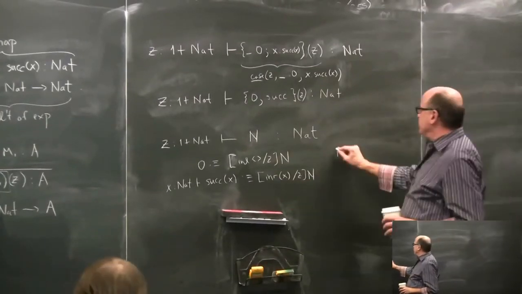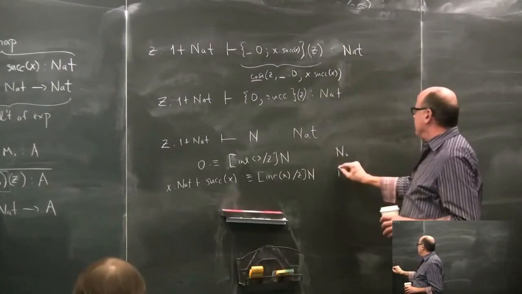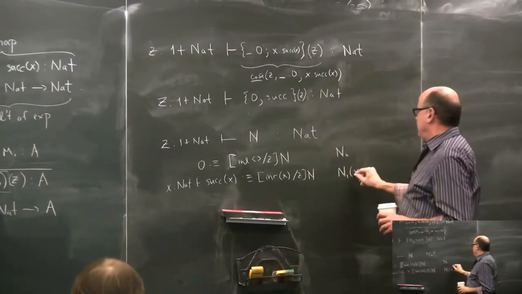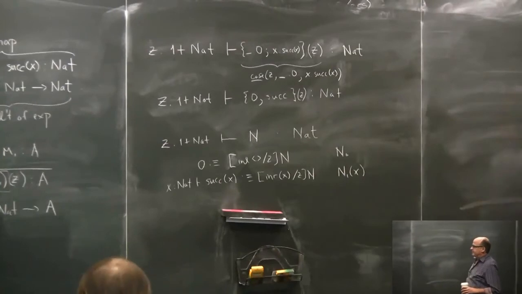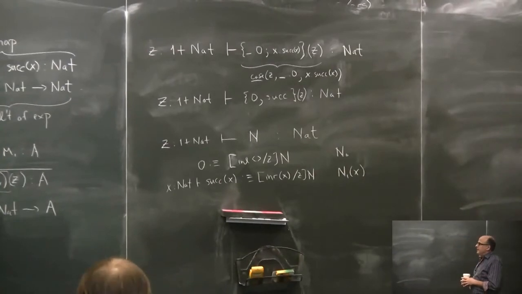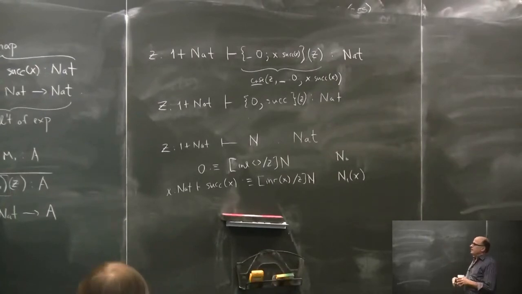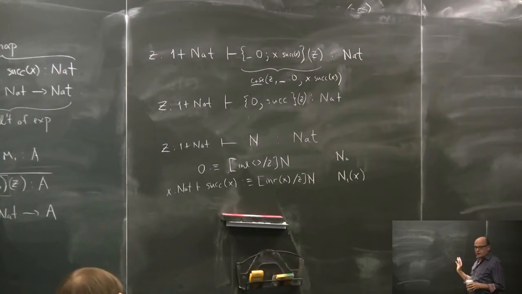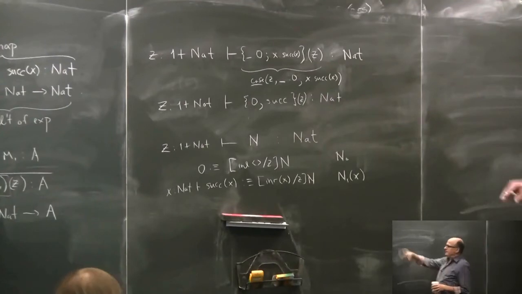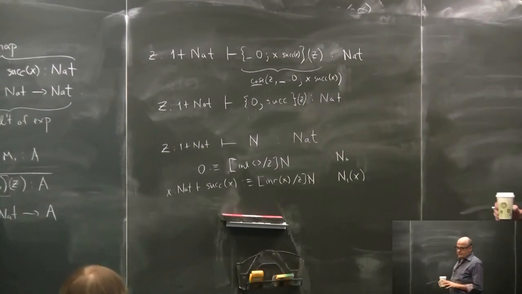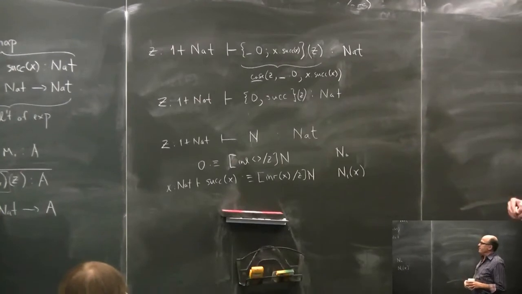And this could be notated if I want N0 and N1 of X. We could write it like that. Okay? And then you can check that these things, up to an eta equivalence, the definitional equivalences for sums, let's assume we have them all, the ones we discussed earlier, are just two different ways of presenting the same information. Okay.